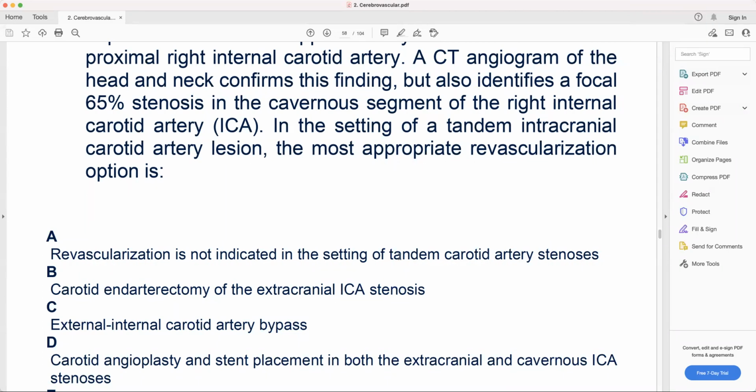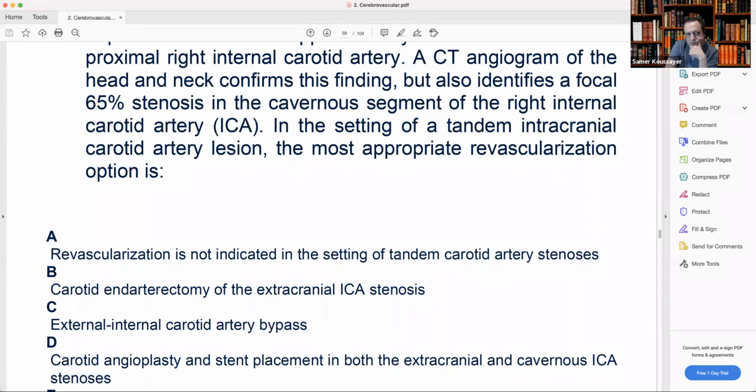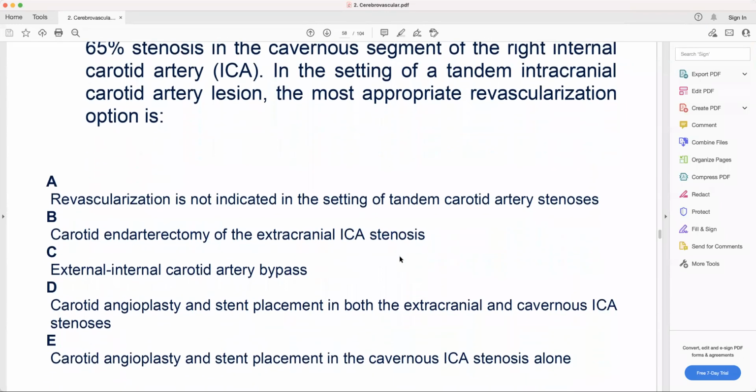No. We still do revascularization of the internal carotid if it's stenotic enough, more than 50%. Yes. Okay. So this is wrong.